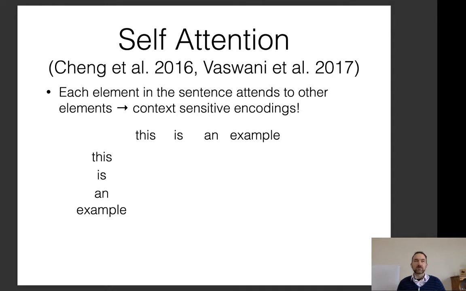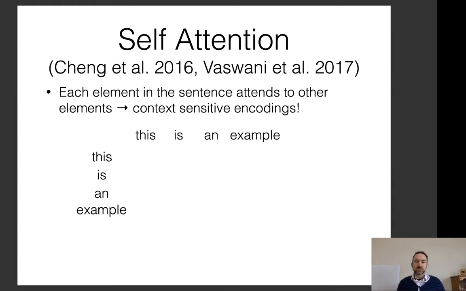If we're talking about translation, for example, the query vectors would be in one language and the key vectors would be in another language, across different sentences. So this is often called cross attention because it's going across two different sentences and trying to attend to values in a different sentence.